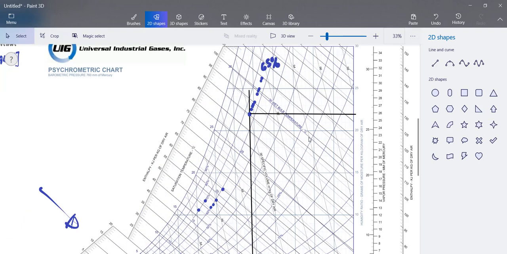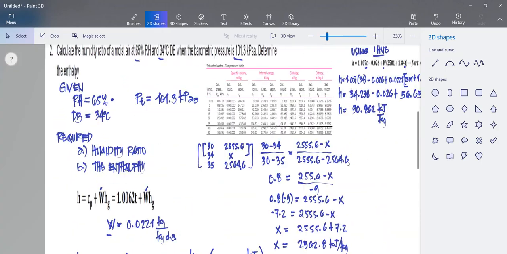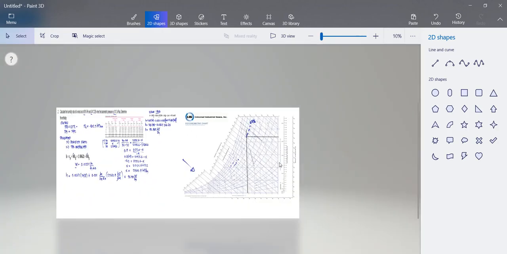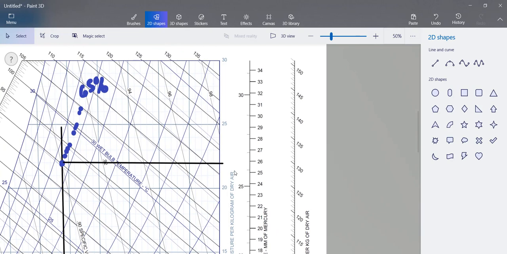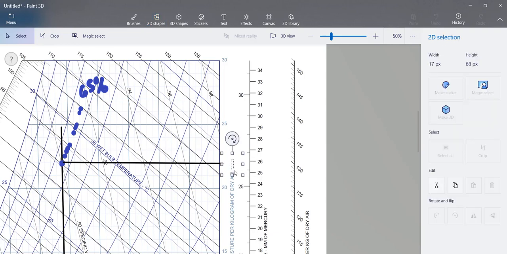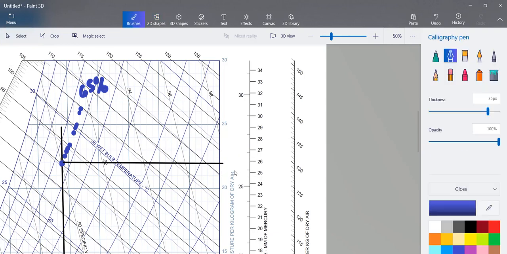Okay, so the data we have here is the humidity ratio. So this is the humidity ratio, no? What we have here is the humidity ratio, which is this W, which is equal to 20, this is 21, 22.